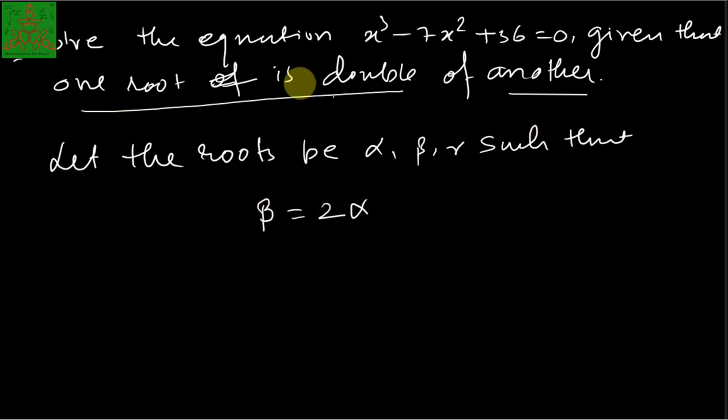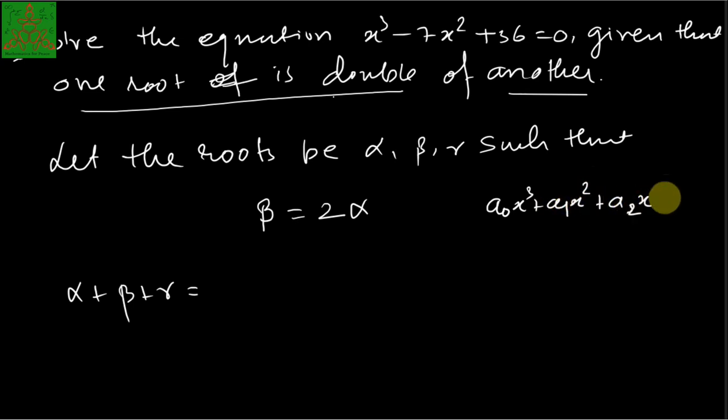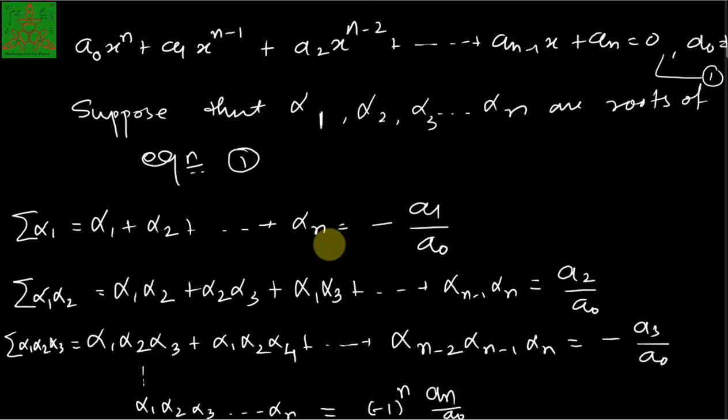And as per the relation we have seen between the roots of the polynomial and its coefficients, if we compare this equation with a0 x cube plus a1 x square plus a2 x plus a3 equal to 0, then alpha 1 plus alpha 2 plus alpha n is minus a1 upon a0.